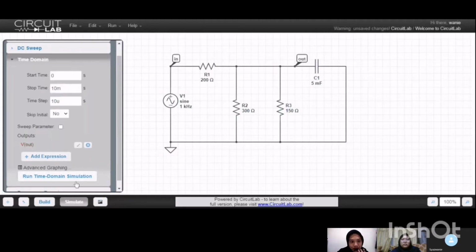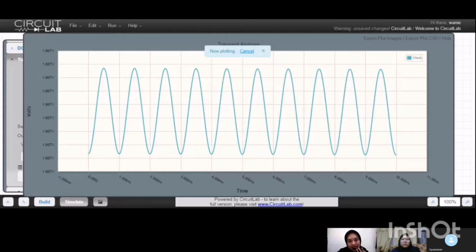For output, run, and then we will get this graph for the output waveform. So this is for the 5 microfarad capacitor.